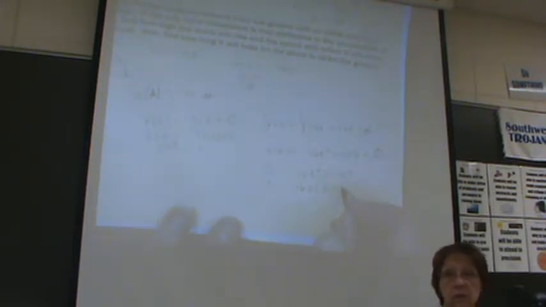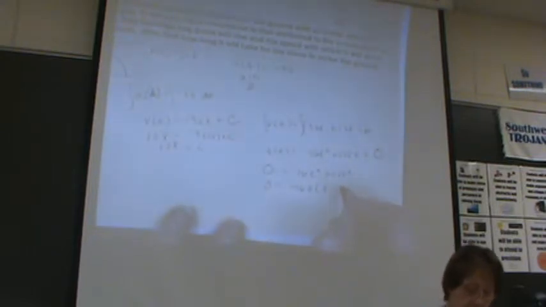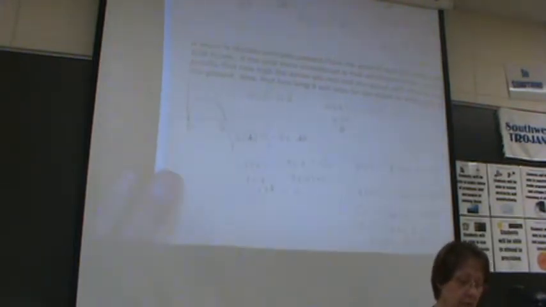Let's see, does 16 go into 128? I think it does. I think it's 8. But somebody check that for me, please. Yeah. Okay. So when t is 0 and when t is 8, it's on the ground.